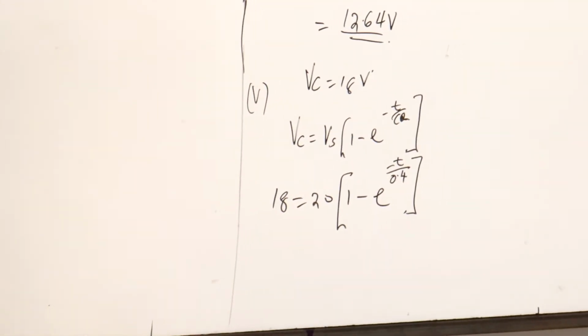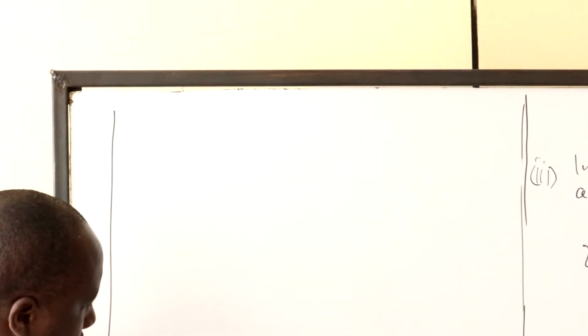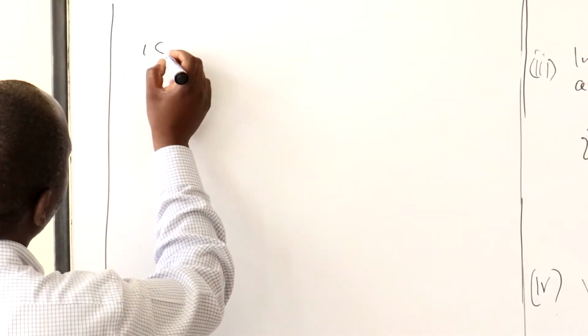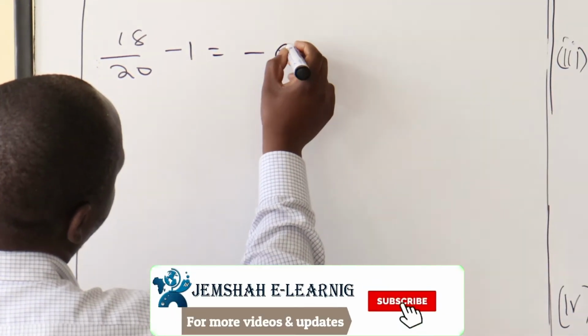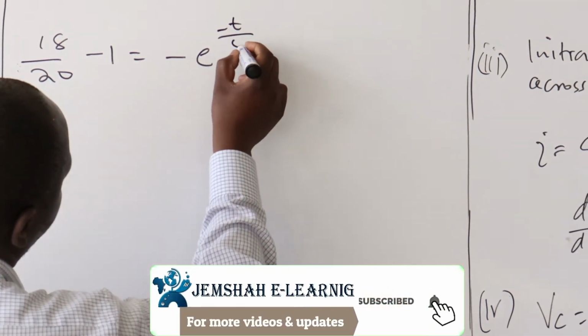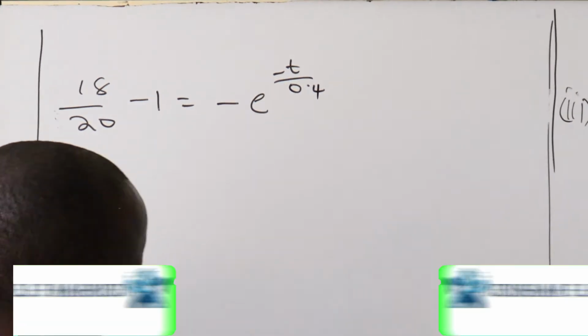So we do 18 divided by 20 minus 1, which is equal to minus e to the minus t over 0.4 seconds.